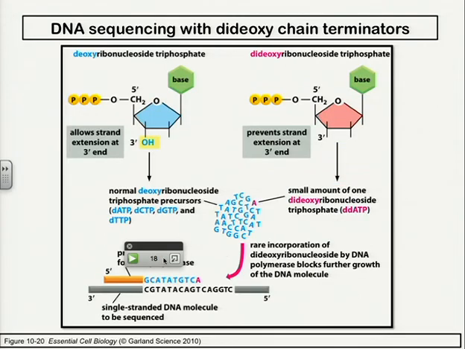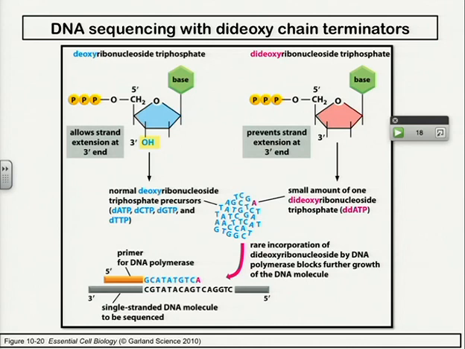Okay. So the original way of doing sequencing, well, not the original, but the most common way of doing sequencing up until recently, and still done in many labs, is sequencing with what are called dideoxy chain terminators. So to synthesize DNA, you need a 3' hydroxyl, right, as you know.